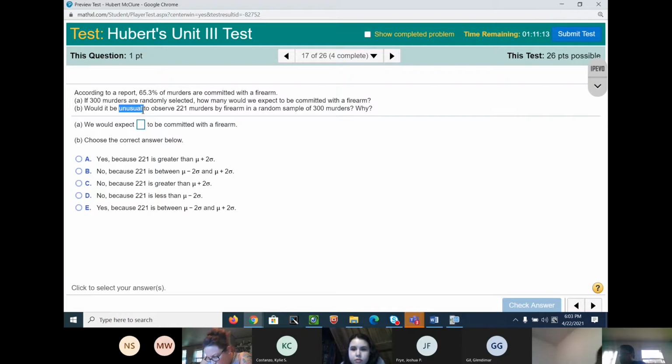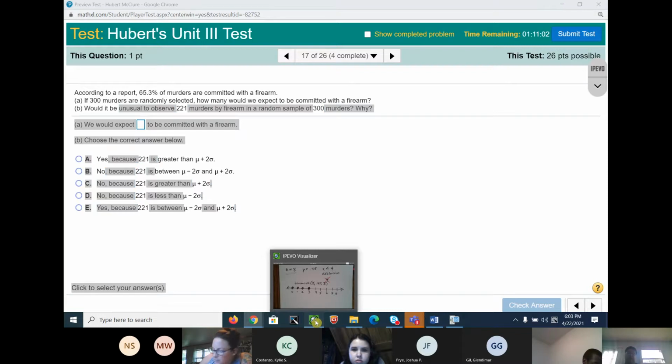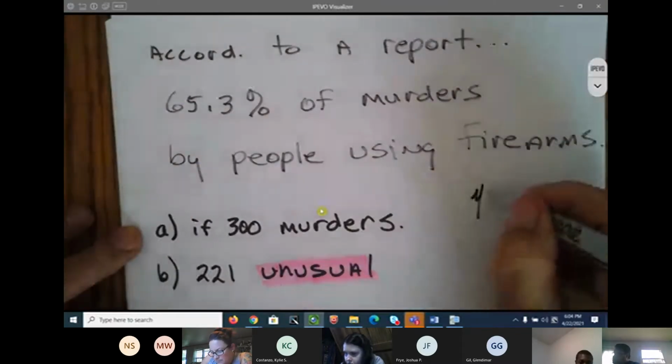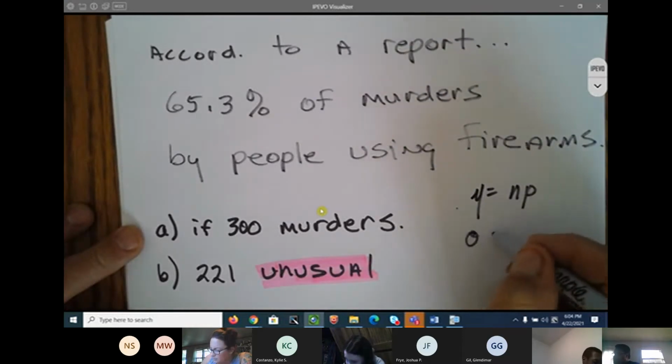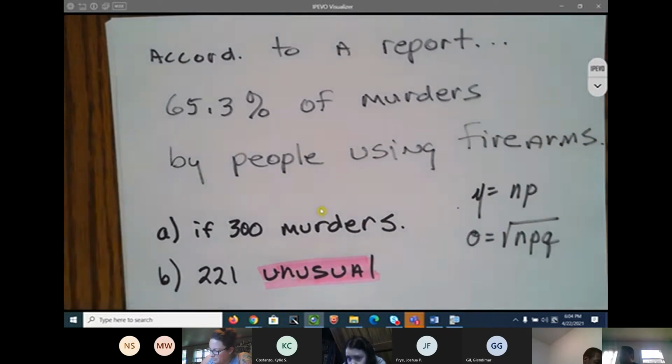So we're going to use those two little formulas that I told you to use when you see this type of question. And that is mean is equal to n times p, and the standard deviation is equal to the square root of npq, where q is the complement of p.